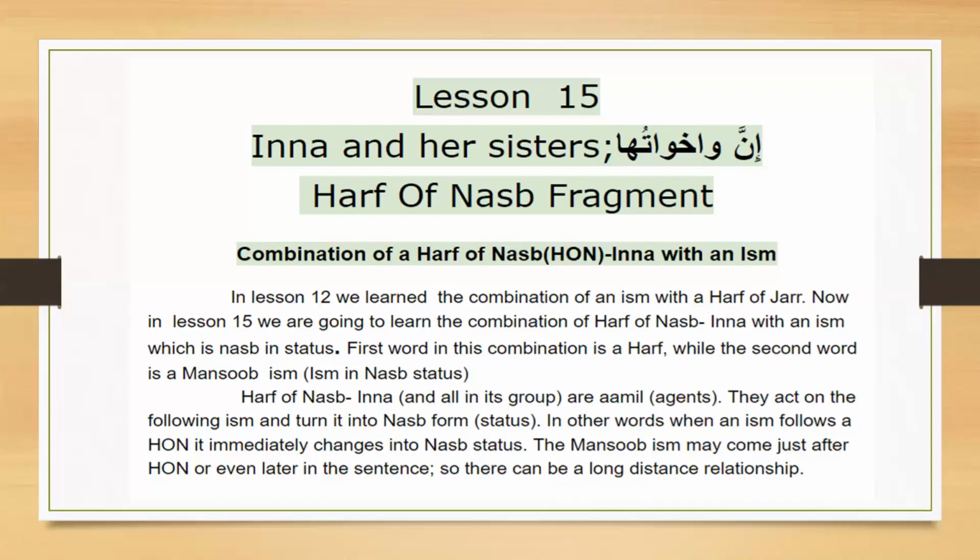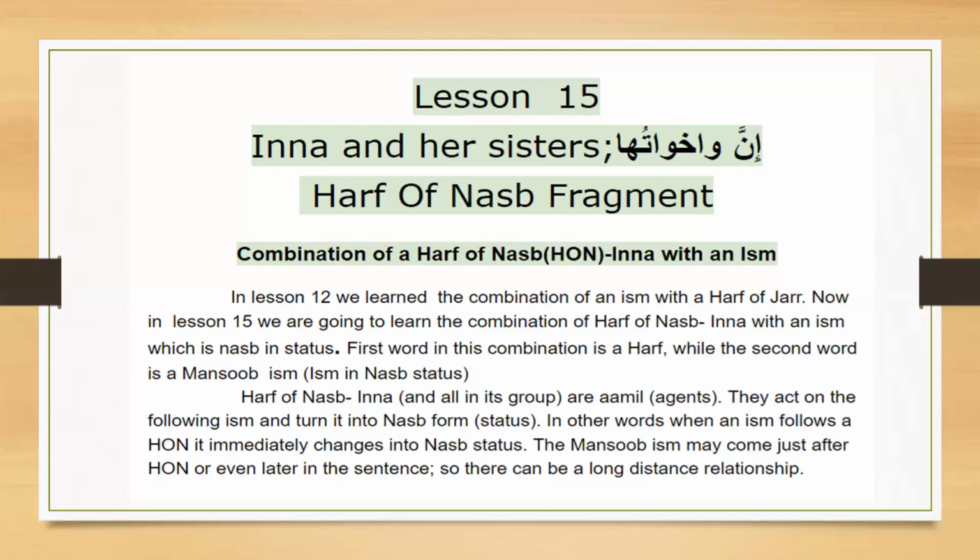And harf of nasb, inna, and all in its group are amil, agents. Like in a chemical reaction, when two chemicals combine, they react with each other and produce something. Just like that, some harf act on another ism and cause it to change.